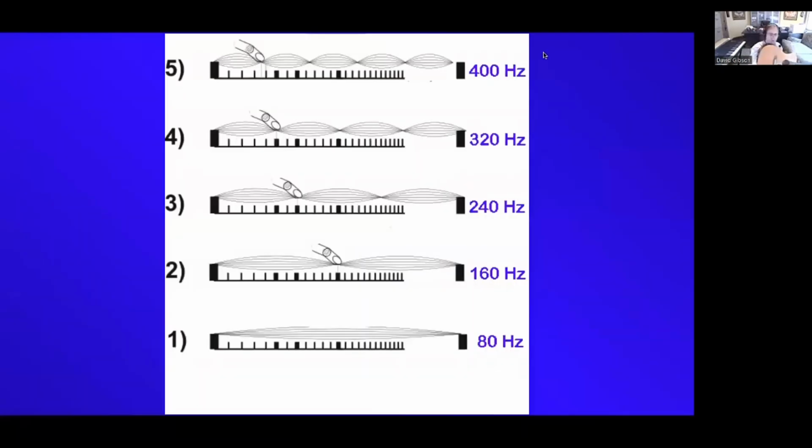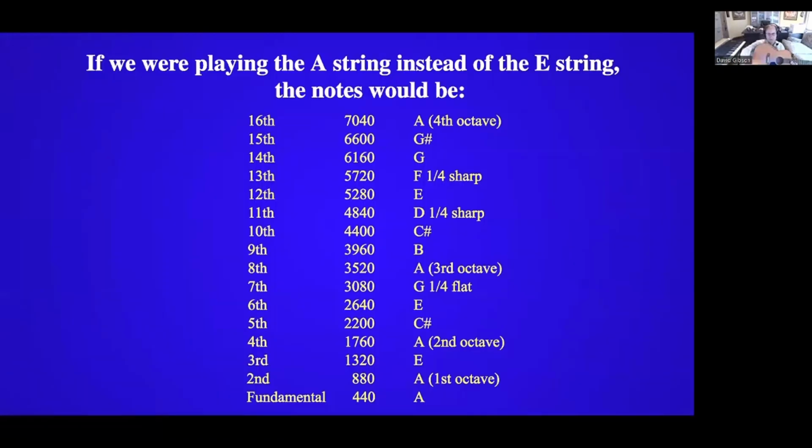So if I play the A string, you can see the notes here. Here's A for the root, A for the second harmonic, E for the third harmonic, C sharp, E, then G a quarter flat, and then A, and then B and C sharp. Right?